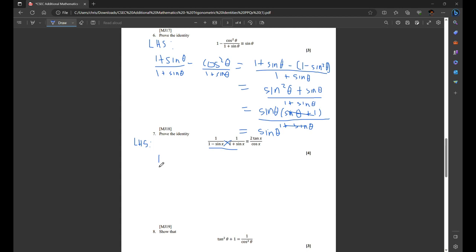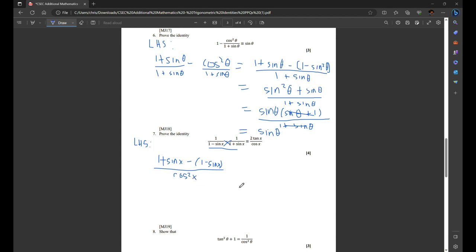So if we cross multiply, we're going to have 1 plus sine theta, well, not theta in this case, it's actually x. 1 plus sine x minus 1 minus sine x. Again, I'm going to write my brackets so that I don't forget to multiply that negative by the negative. And I'm going to have 1 minus sine x times 1 plus sine x, which is just our conjugate, so I'm going to write it as its value, which is cos squared x.